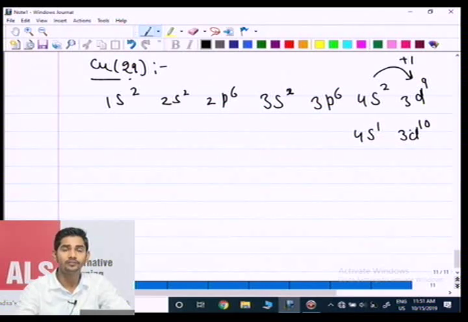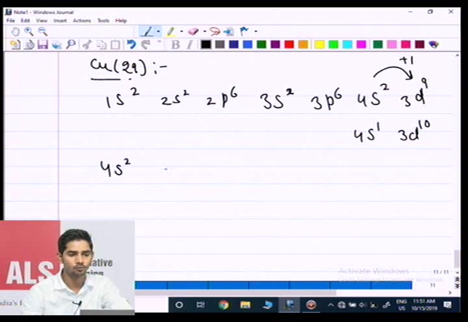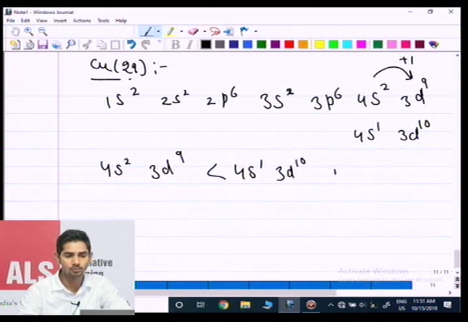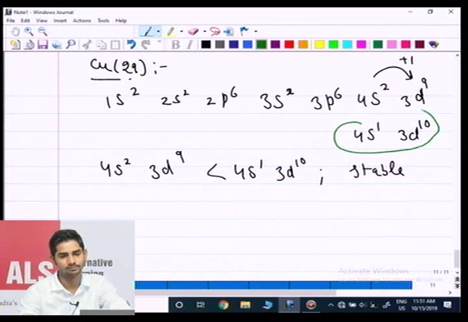Again, this is a relatively more stable configuration if I compare 4s2 3d9 with 4s1 3d10. This one is more stable. That's why we will write this one.